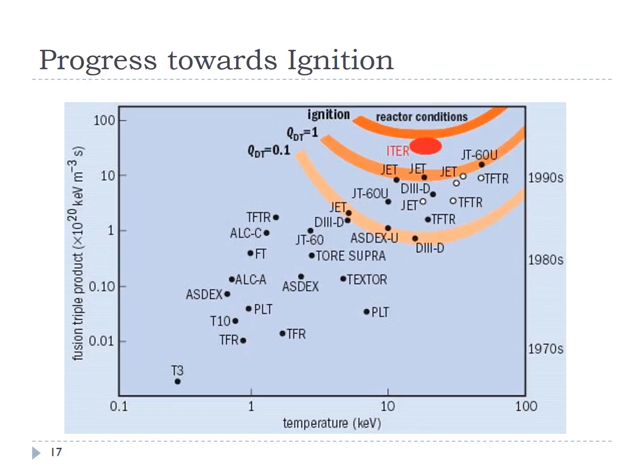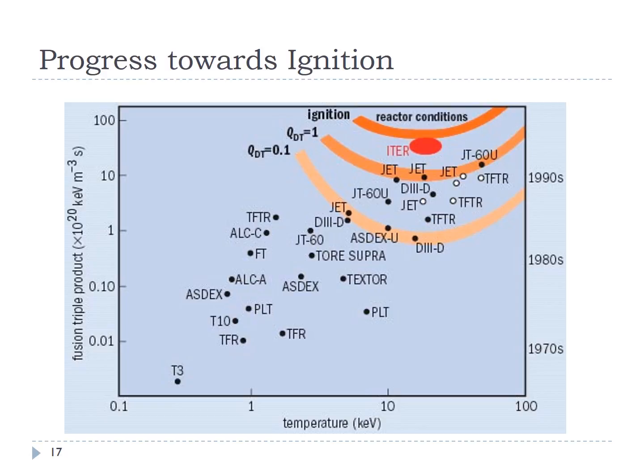Okay, so what I want to show here is the fusion triple product, and this is temperature here. And these are a number of different fusion reactors over the years. Generally speaking, these ones down here were from the 1960s, 70s.